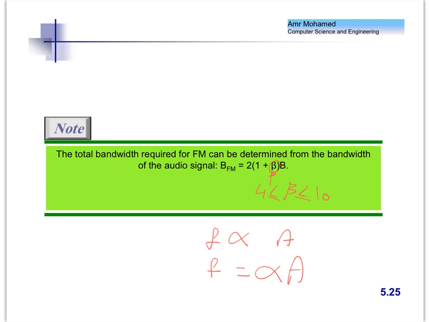Okay? This is a generalization and an approximation, we're talking about typical bandwidth. Beta is arbitrarily chosen and it's given. I'm not going to tell you to calculate it based on anything, I will give it to you.